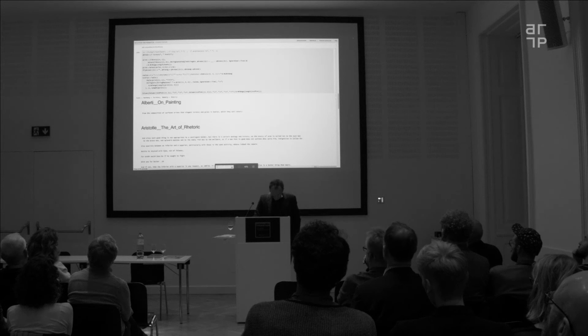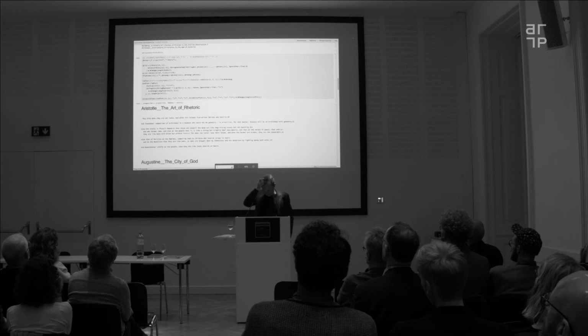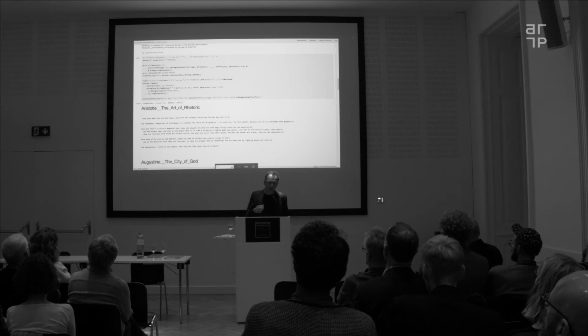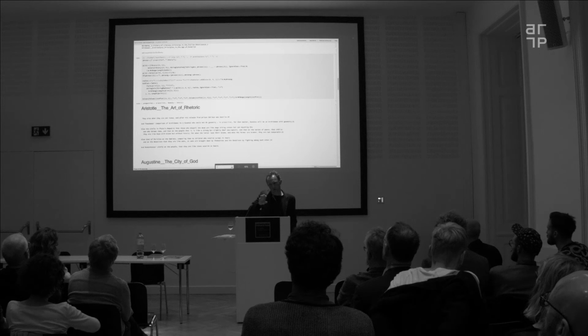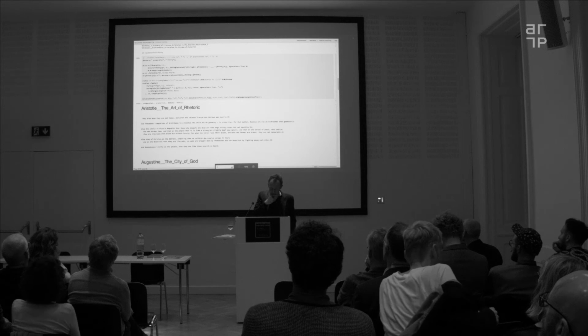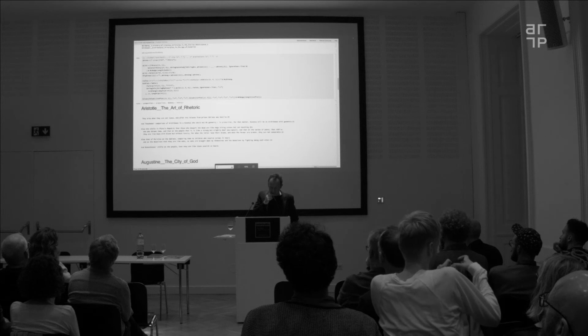Also, if you say proportion and beauty, The Art of Rhetoric emerges, and so on. This is the very first step, the most basic kind of manipulation that the environment provides.